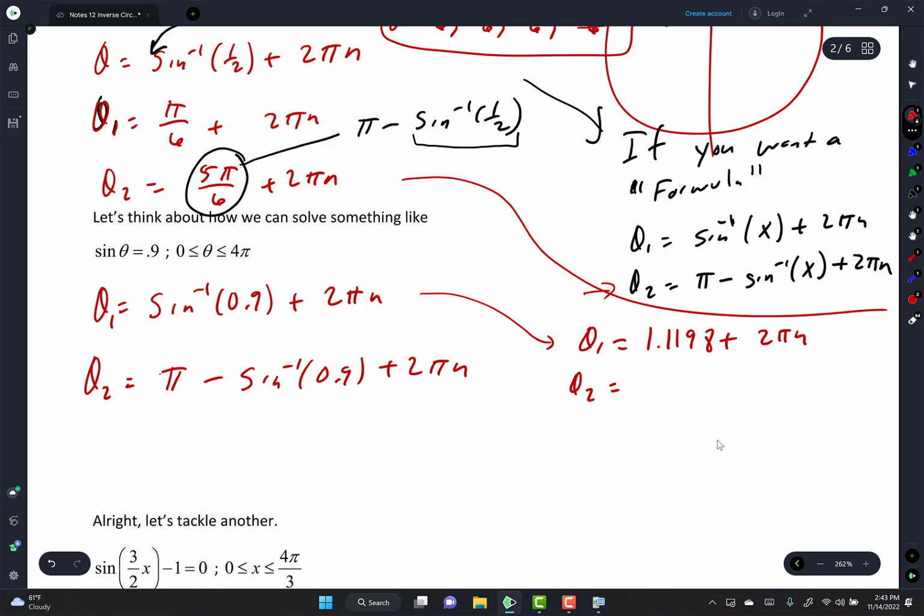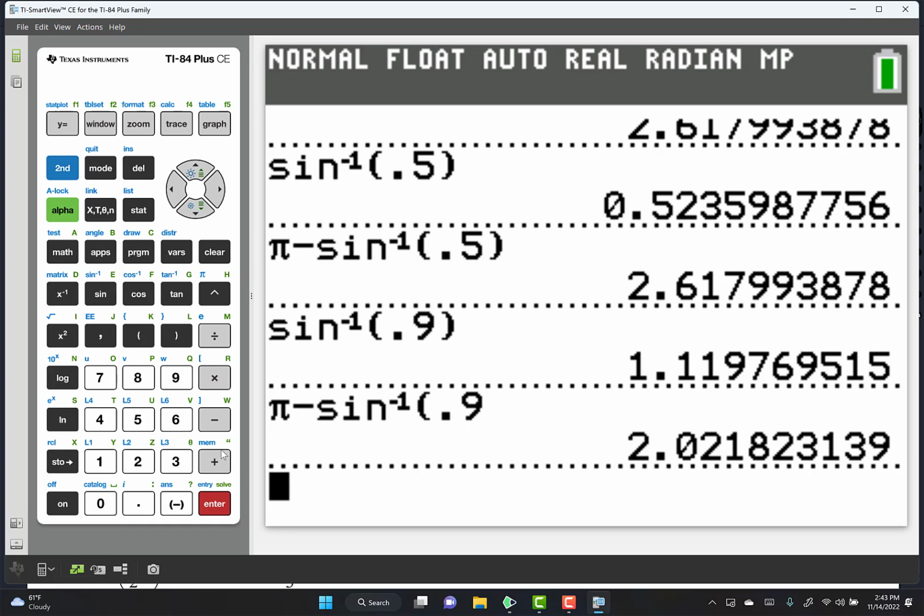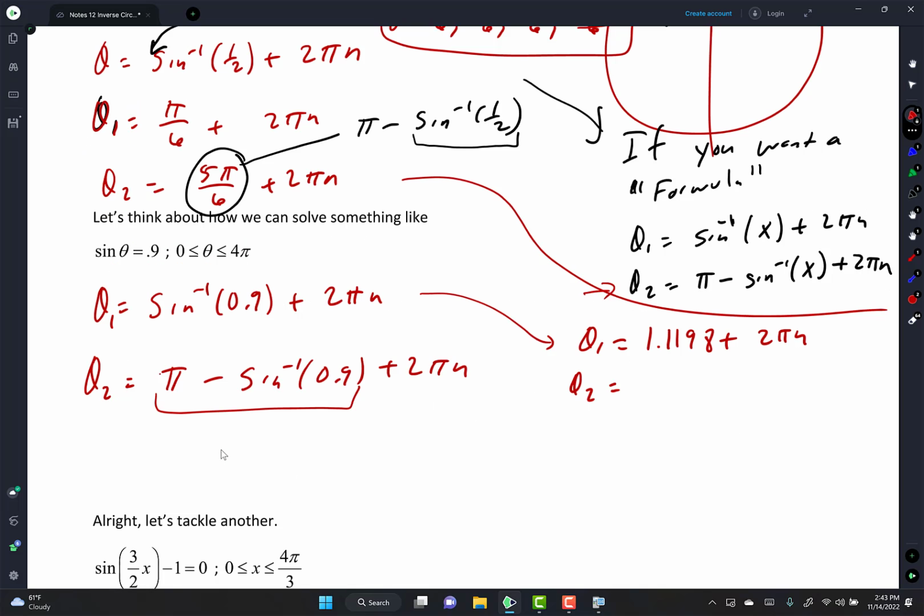Here's theta 2. I could do pi minus that, but I'm just going to go ahead and type it in again. Pi minus second arc sine, 0.9. 2.0218. 2.0218 plus 2 pi n.